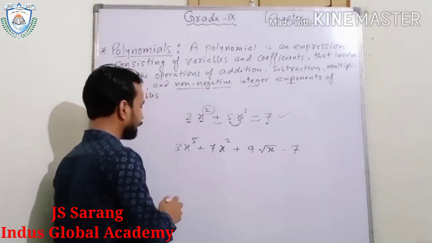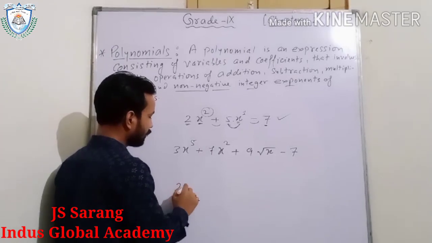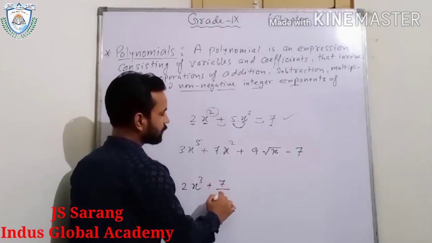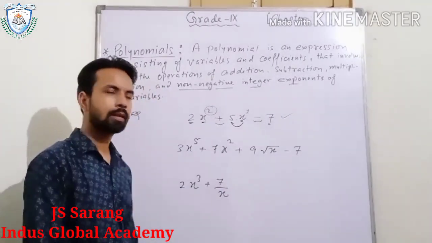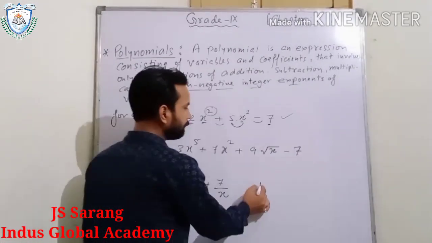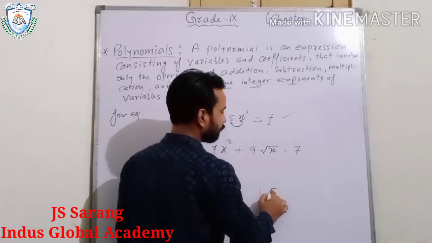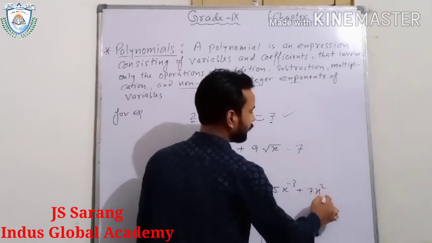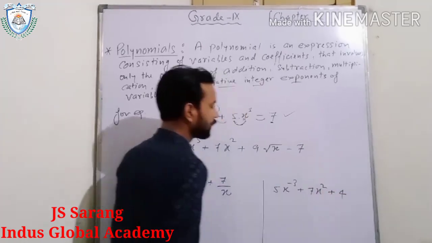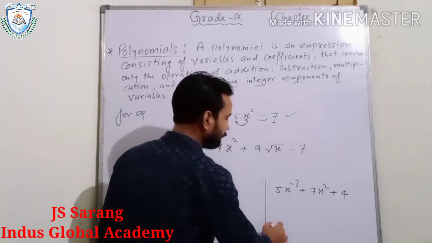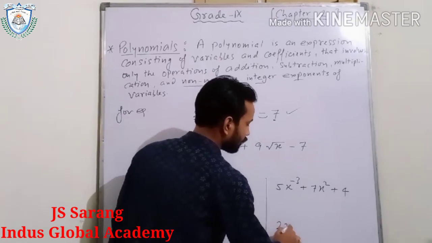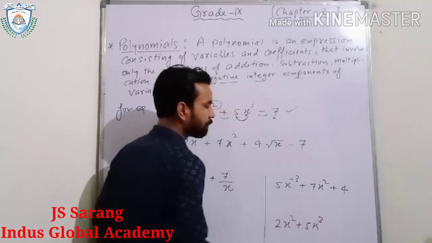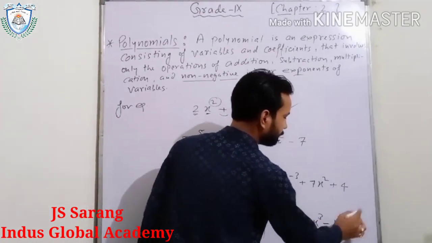Second example I am taking 2x cube plus 7 upon x. Third example I am taking 5x to the power minus 3 plus 7x square plus 4. Next example I am taking 2x square plus 5x cube minus 50.